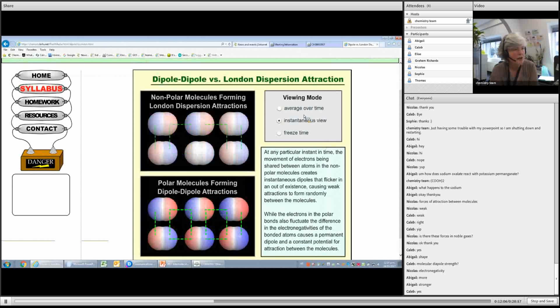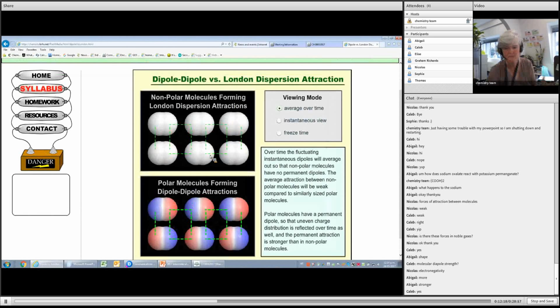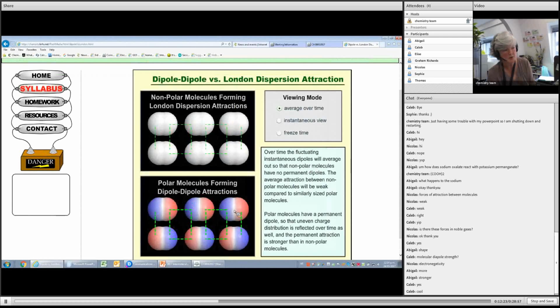If I go average over time, can you see these are non-polar molecules? The electrons are, on average, evenly distributed over the molecule. These are polar molecules because you've got one end that's positive and one end that's negative. But as I say, these electrons are like constant traffic moving around.